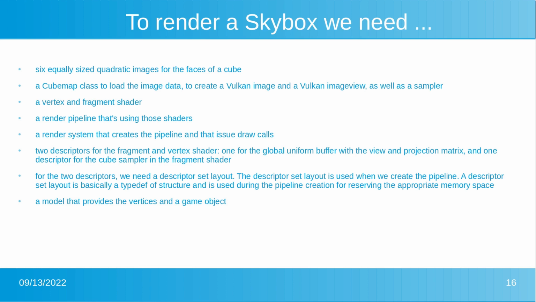Then we need a model that provides the vertices and a game object ID from our entity component system. Then we need to define a Cubemap component that can be used to loop over all Cubemap game objects in our entity component system. And finally, we need a scene to use the Cubemap as a skybox.